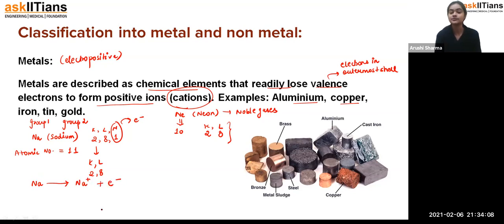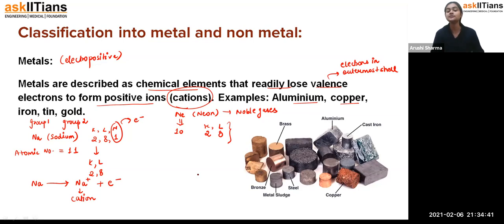When there is the loss of the electron, or the donation of the electron, and the element occupies the positive charge, we call it a cation, an electropositive ion. That's why, students, metals are electropositive in nature, because they lose their valence electron to form the positive ion, and that positive ion we call a cation.